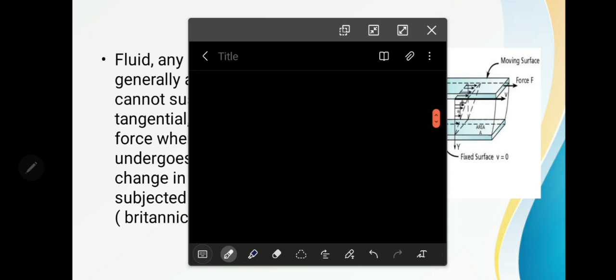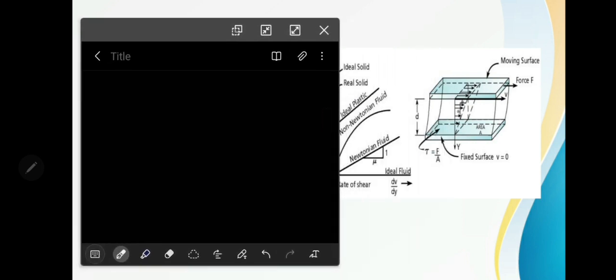So mo na siya, no? As you can see at the diagram, natay moving force, a moving surface. So ang force na nag-act sa surface is on the top. So at the bottom, we have the fixed surface. So kana nga surface is undisturbed.